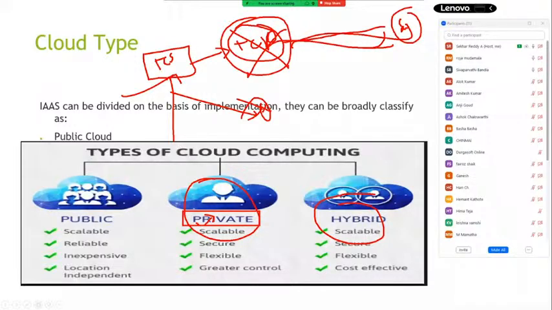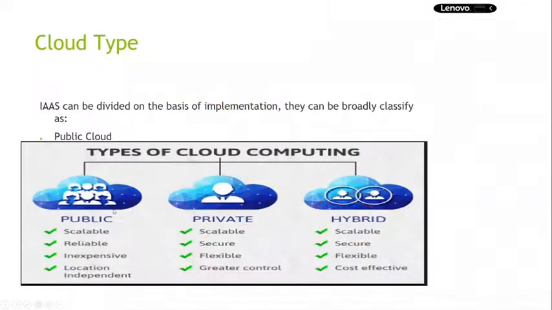Here it is the same. A few of the applications are running in public and some of the applications are running in private. If we establish a connection between these two and access everything, we call that hybrid. But hybrid is costly, more flexible, and secure as well. Also it is high cost. I will let you know how to set up the tunnel later.